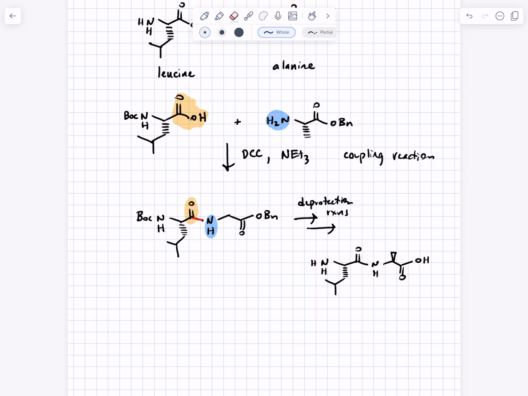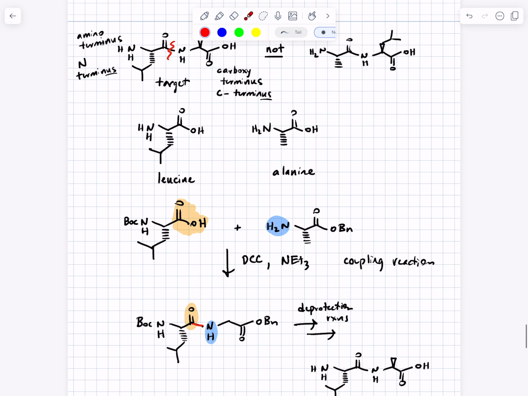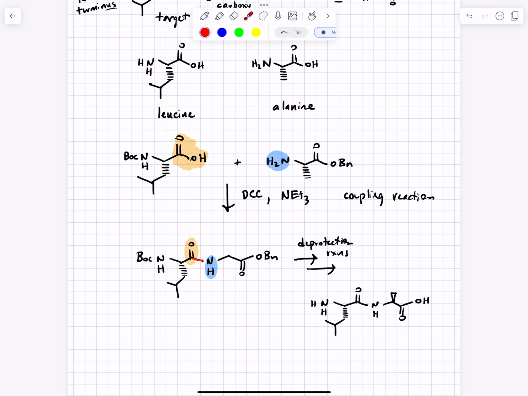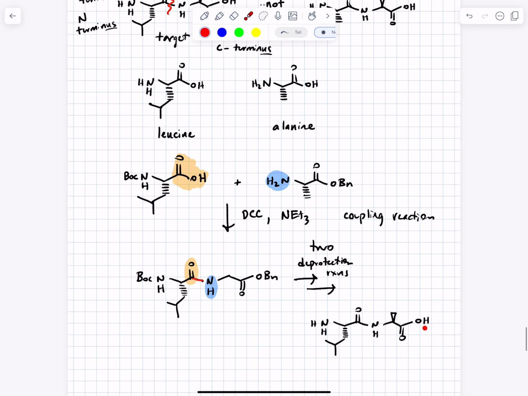It's clunky, but it works. We've described a reaction that's multiple steps long. I didn't show you we had to start with leucine, make Boc leucine. We had to start with alanine, make Boc alanine. That's two reactions. Do the coupling reaction, that's three. And then the two deprotection reactions, that's four and five. So five total steps to get from just starting amino acids to dipeptide.